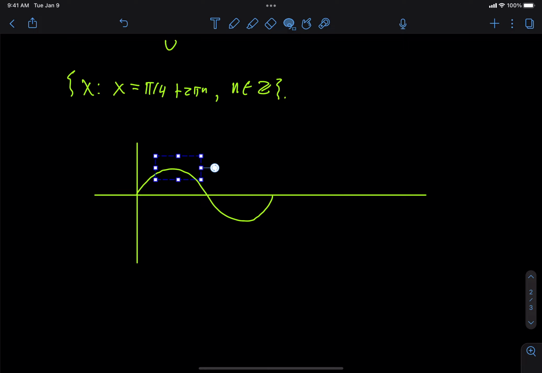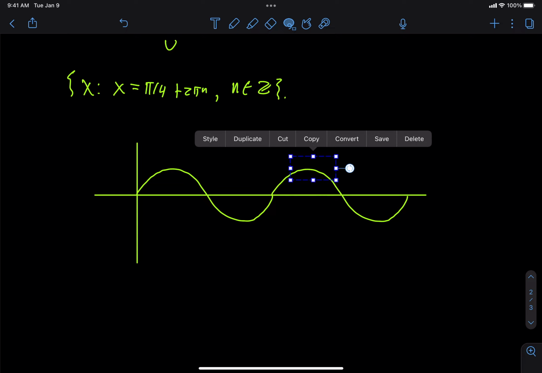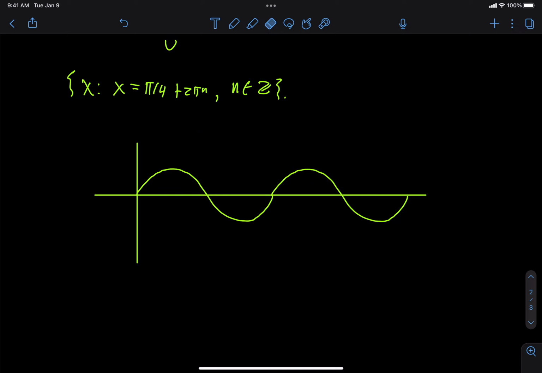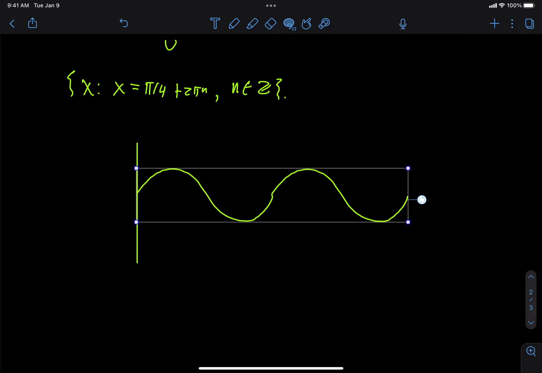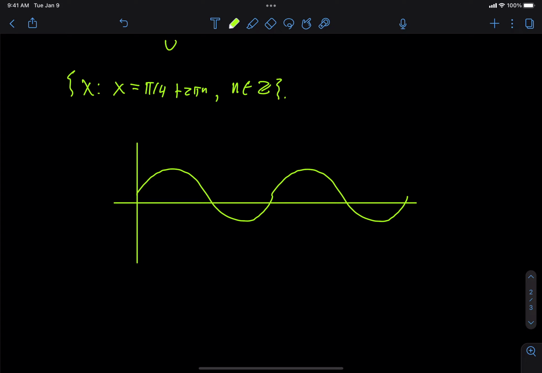And then I'm just going to copy that and then paste it right there. I wonder if I can merge these. Group, there we go. Okay, and then I'm going to redraw my horizontal axis.